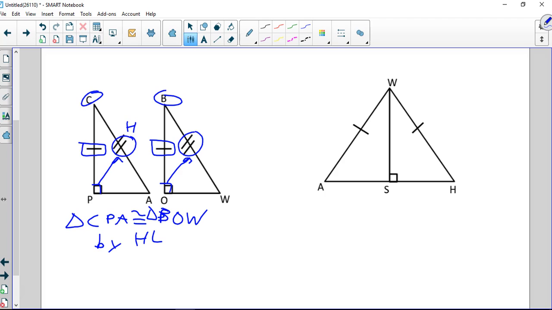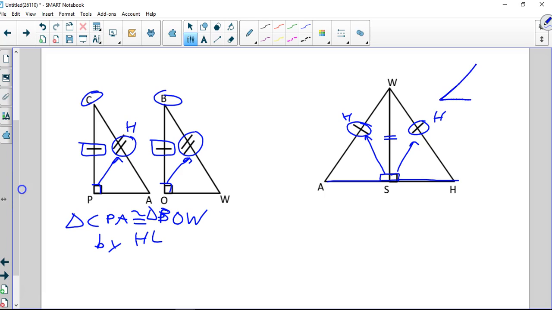Okay, well, on this one, wash, we have a right angle here. Since ASH is a line segment, this is also a right angle because right angles are supplementary to each other. Here's our hypotenuse. Here's our hypotenuse. They are marked equal to each other. And in the middle, we have a leg, which we talked about is equal to itself.